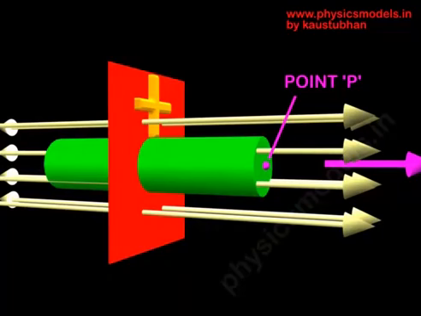So if we were to theoretically find out the field strength at a point P, which is that dot on the screen there, we artificially plug in an imaginary closed surface which is again perpendicular to the field lines and coincidental with that point P. So in this case we have plugged in a cylinder, an imaginary cylinder.